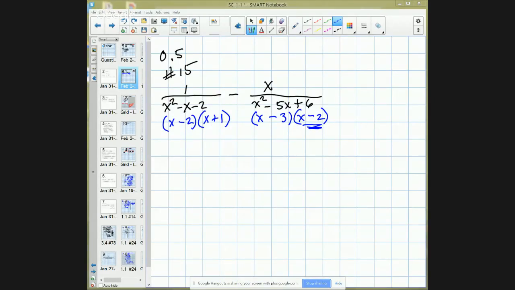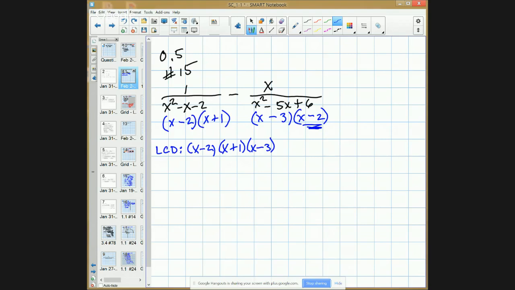All right, so the first fraction, we need what? Here, let me write. Our LCD is x minus 2, x plus 1, and x minus 3, right? That'll give us enough factors to represent both denominators.